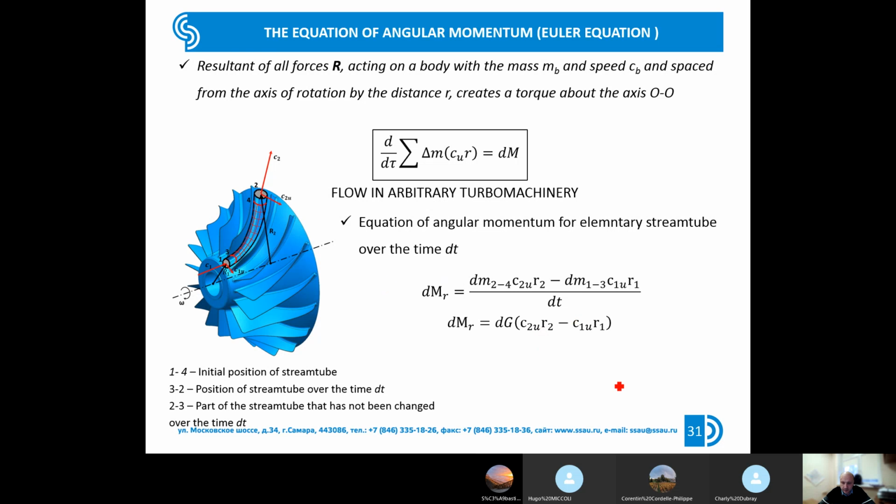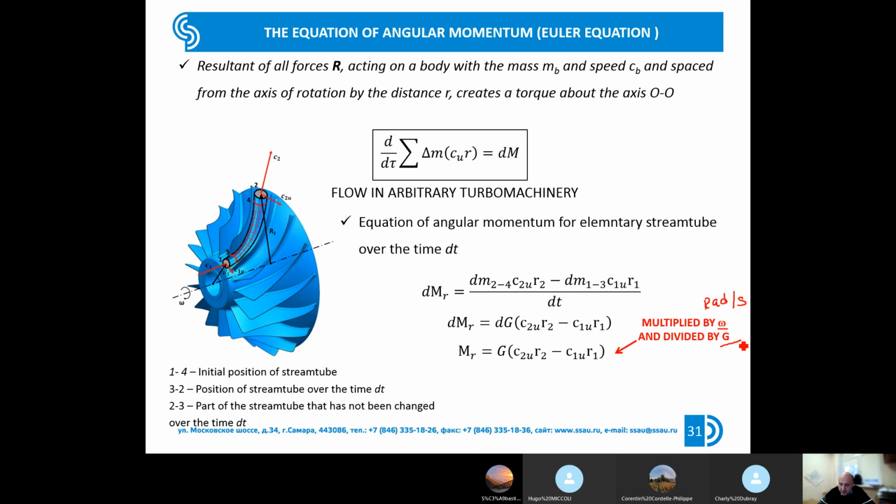After that, we transfer the differential equation to the normal typical representation of a physical equation, and after that we will multiply all parts of this equation by omega. This is angular velocity. It's measured in radians per second, and we will divide all parts by the mass flow rate.